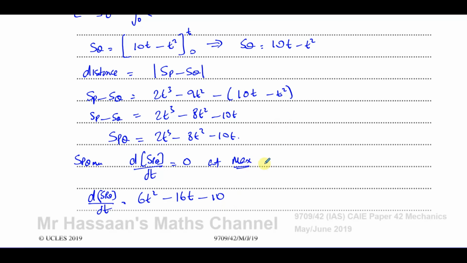So at the maximum, we know that 6t squared minus 16t minus 10 equals 0. We need to solve this equation, which we can simplify by writing it as 3t squared minus 8t minus 5 equals 0. So this is the equation we need to solve.